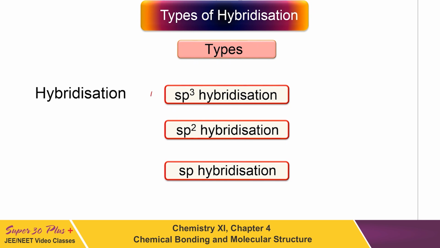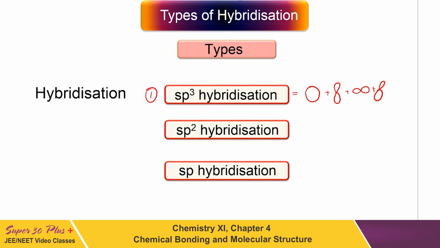This is the first type of hybridization, sp3. You know how it is formed? It is formed by one s and 3 p orbitals. We know that p orbitals are perpendicular. So one is px, one is py, another is pz.